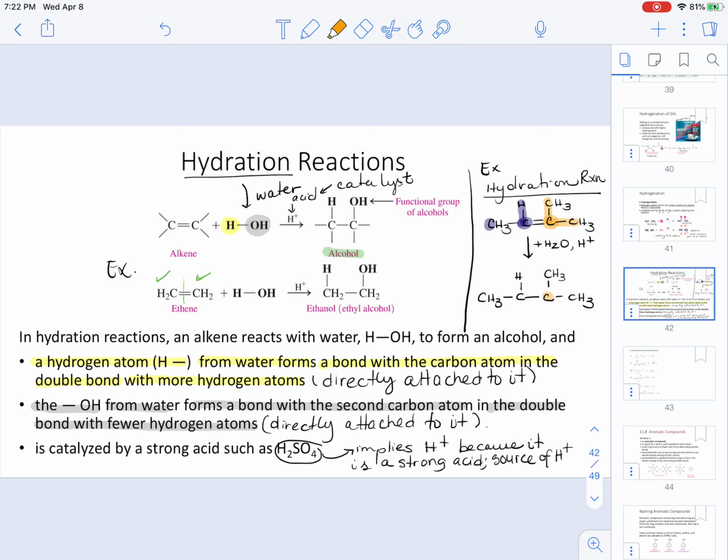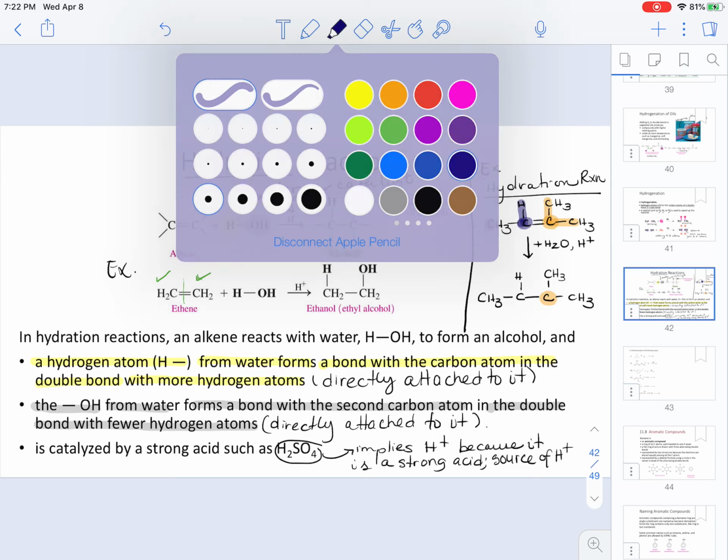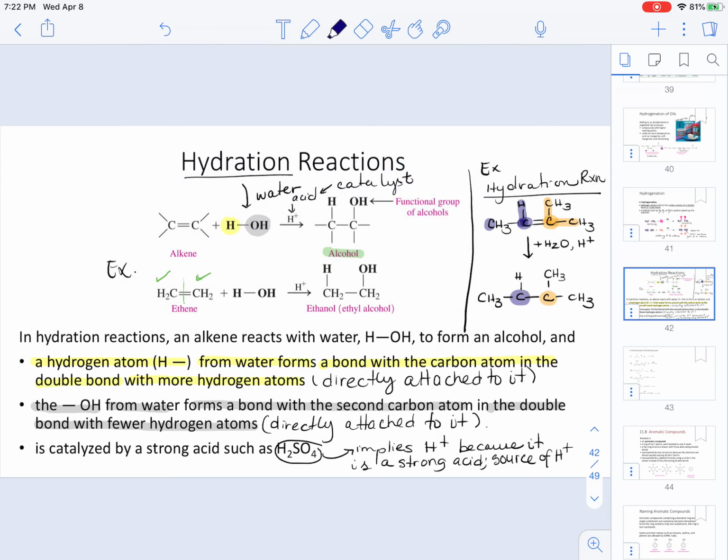I'm going to highlight the carbons in the same color that we had before. And again, because the purple one on the left is directly attached to hydrogen, it is going to receive the incoming hydrogen. The carbon that is highlighted in orange, because it doesn't have hydrogen directly attached to it, is going to be receiving the hydroxyl group. And those, remember, are going to come from the water. We can visualize water as H and OH.